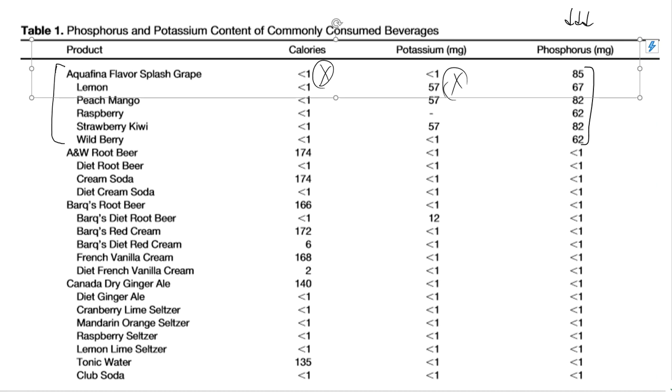But then you look at root beer. Root beer is a dark beverage, but root beer is kind of weird because even though root beer is dark, look at the phosphorus content. There's hardly anything in it. That goes on down to the cream sodas, not only A&W root beer, but Barq's root beer as well.